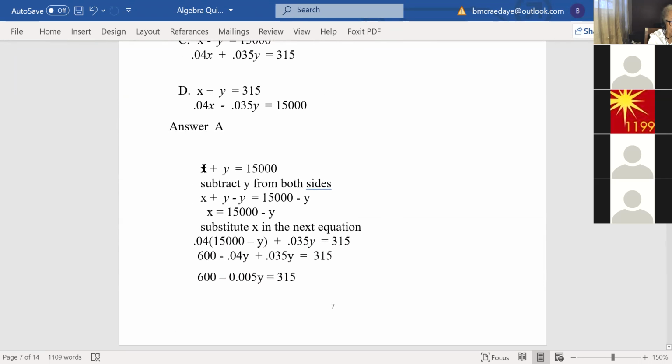So we took X plus Y is 15,000 and solved for X. X equals 15,000 minus Y. So that is correct.